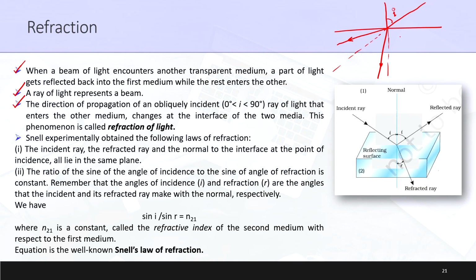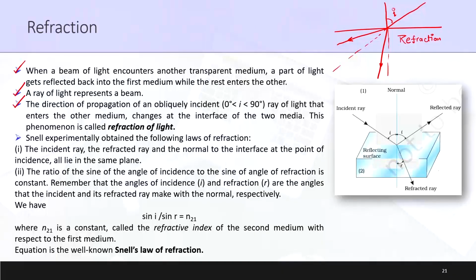This phenomenon is called refraction of light. So, the bending of light on passing through a different medium, either towards the normal or away from the normal, is called refraction of light. It is a phenomenon which occurs in our normal surroundings.